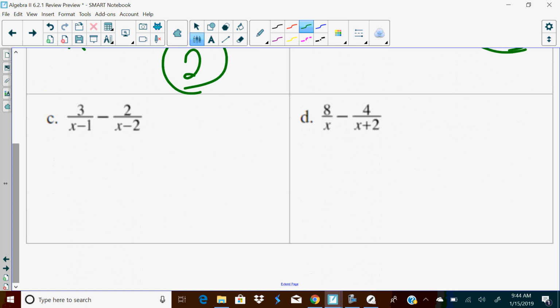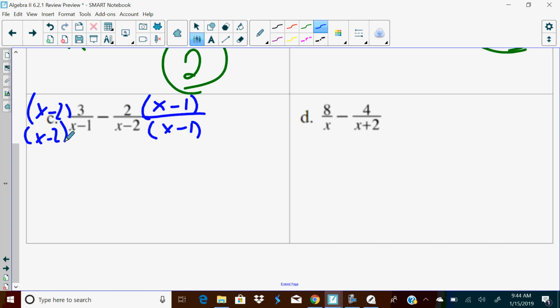Problem letter C, I find a common denominator, so I'm going to multiply by each denominator. On the top, I'm going to multiply by x minus 1, and the bottom x minus 1. This side, x minus 2.